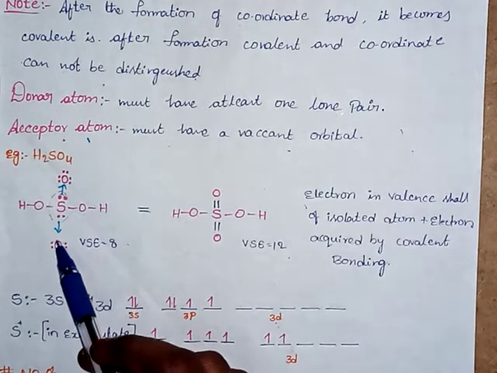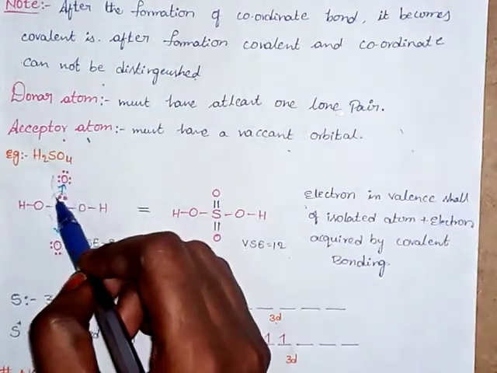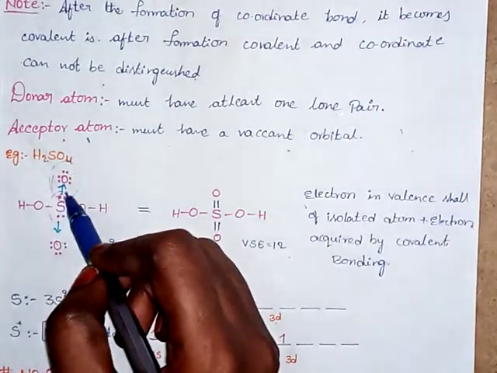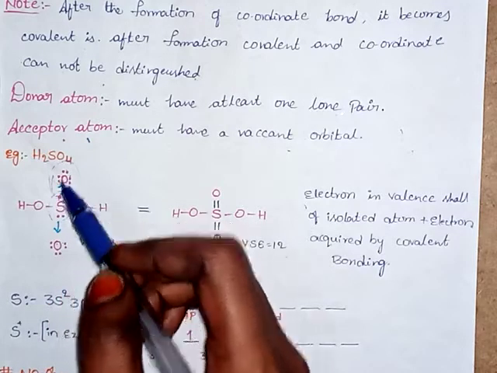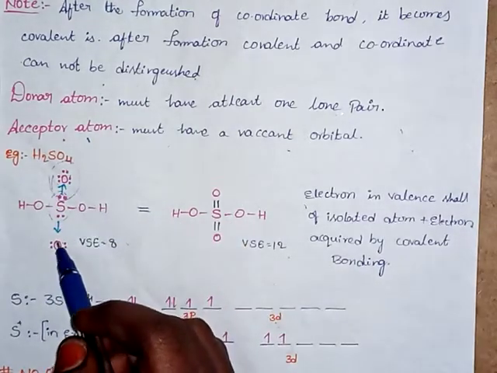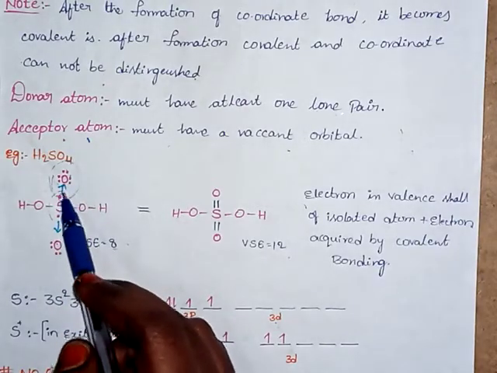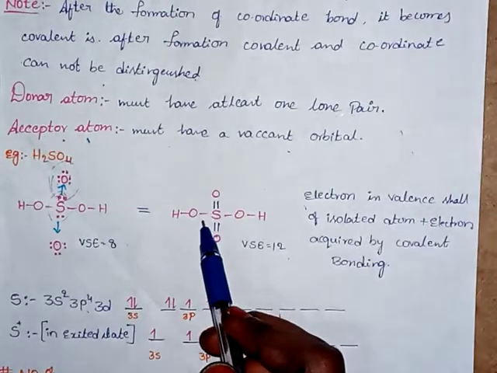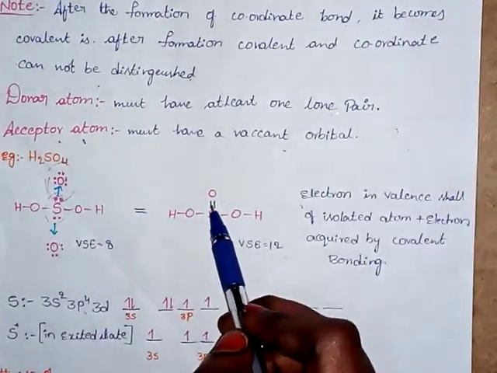Therefore oxygen is fulfilled with 8 electrons, 1 2 3 4 5 6 7 8. After the donation of electrons, the coordinate bond becomes a covalent bond. So this becomes a double bond.